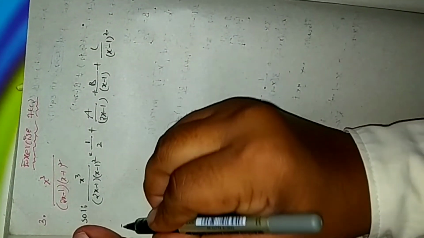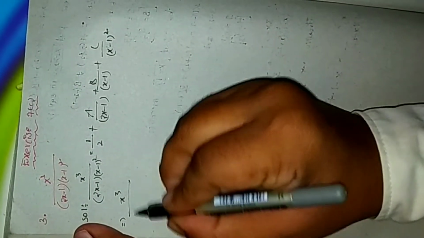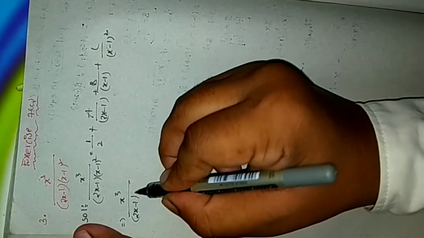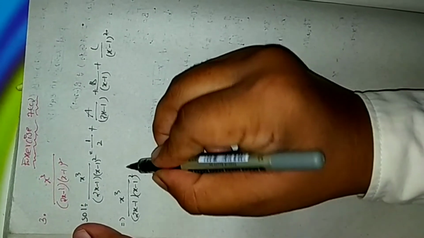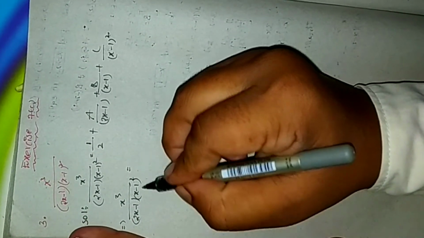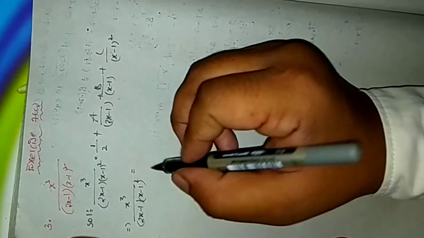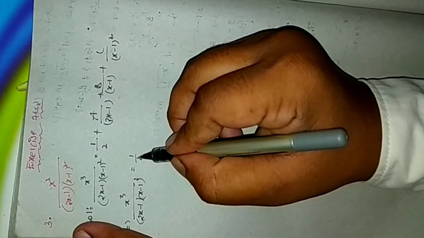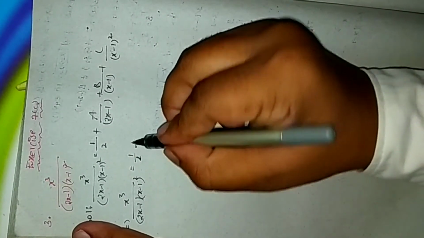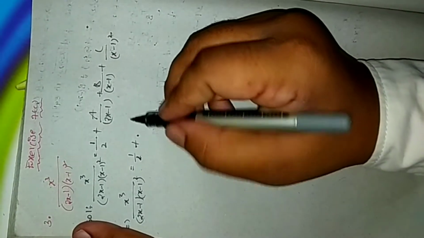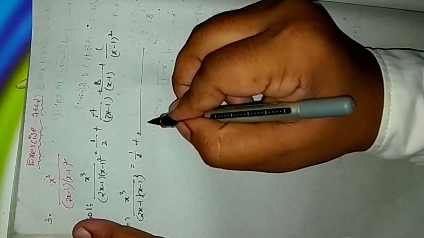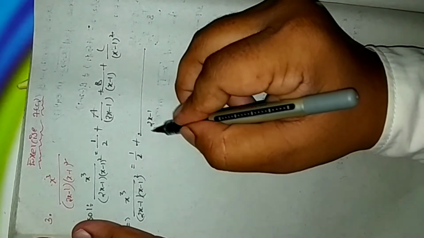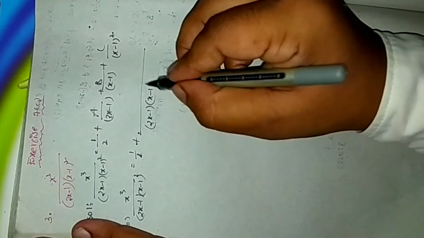Okay, now this is equal to x cube by (2x minus 1) into (x minus 1) whole square is equal to, here multiply this with this. So first, write this 1 by 2 as this, and add these 3. The LCM is (2x minus 1) into (x minus 1) whole square.